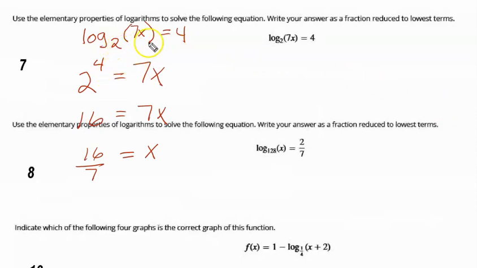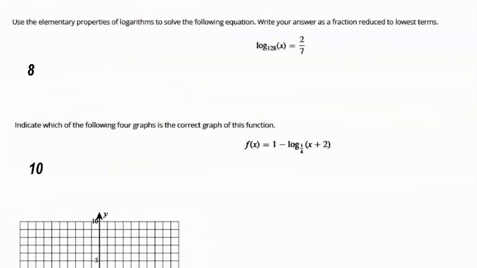So 2 to the 4th equals 7x. 2 to the 4th is 16 equals 7x. Divide both sides by 7. X is 16/7. Again, having the strategy of doing it.